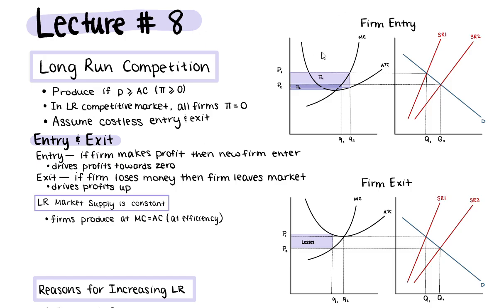So let's take a look at the graph. It's marginal cost. If you put in more labor, your marginal cost gets higher, and there's average total cost.